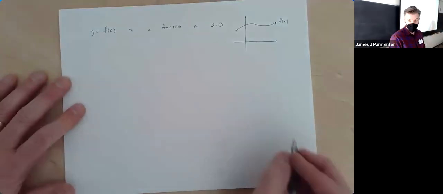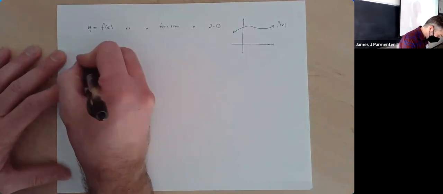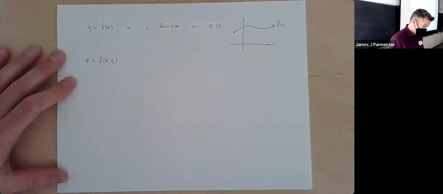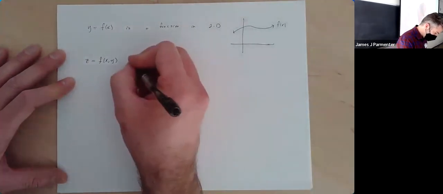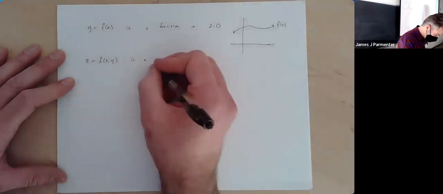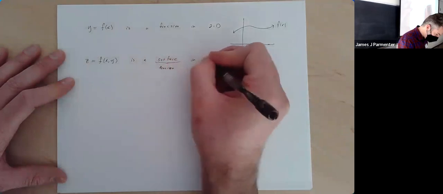And then later on, after we talk about how to build up the machinery, we're going to talk about something like z being a function of x and y. And the idea kind of is that this is going to be a surface, which is still a function, but now in 3 dimensions.